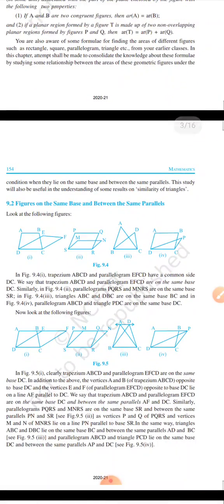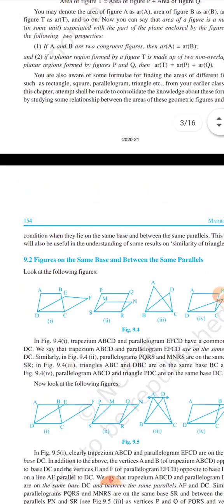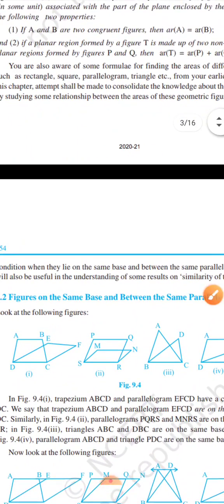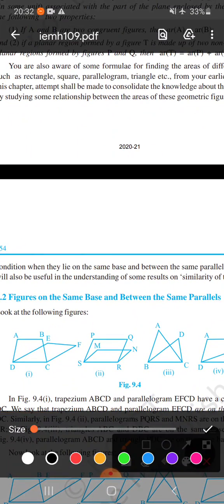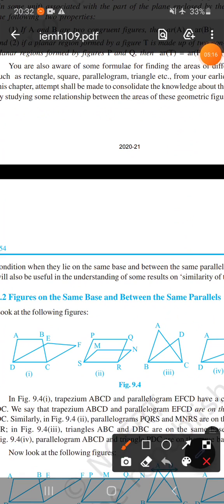Now let us see about the quadrilaterals or the polygons lying on the same base, and the polygons lying between the same two parallel lines. What do these two statements mean? Suppose I draw a triangle, let's say.